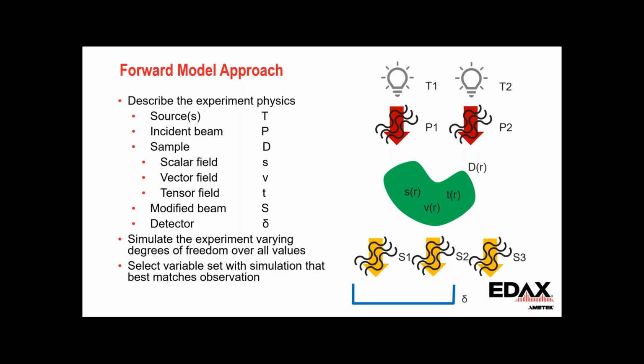For EBSD, we care about phase and orientation. And then after interacting with the sample, you have a modified beam coming out, and then you have a detector as well. The idea is that you can simulate your experiment for all of the degrees of freedom that you're interested in, and then select the result that matches your observation the best. And whatever the inputs for the simulation were, that's what you say your indexed result is.